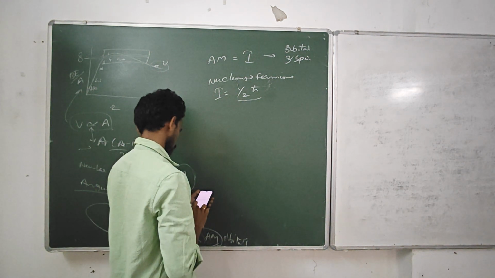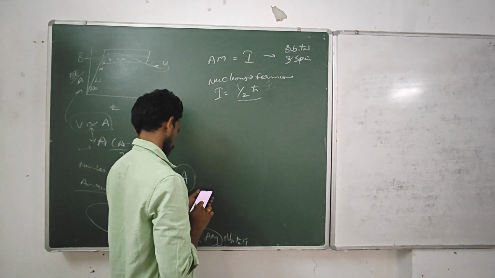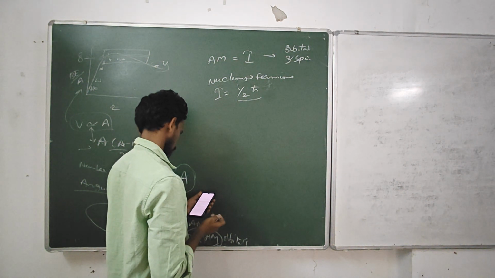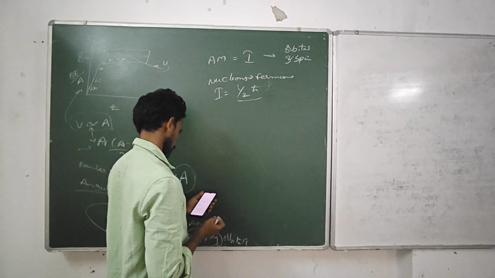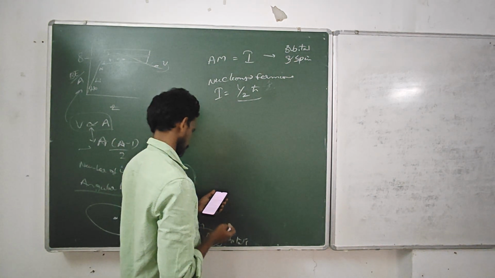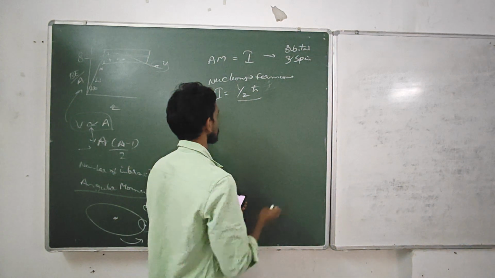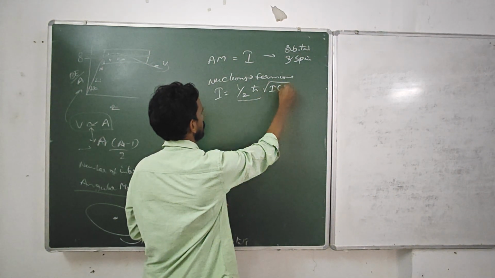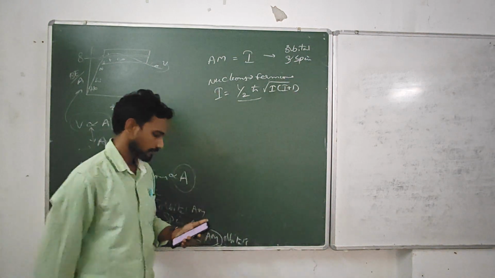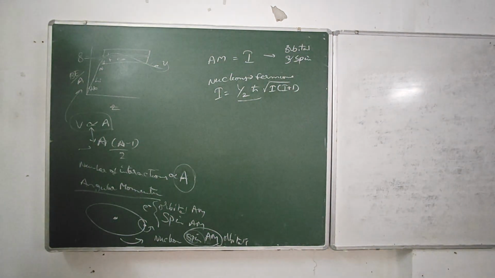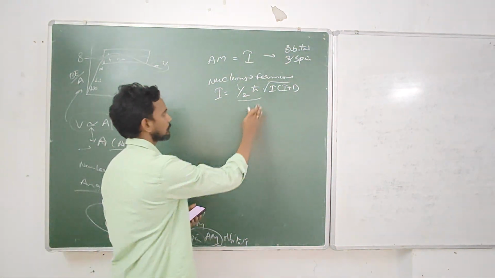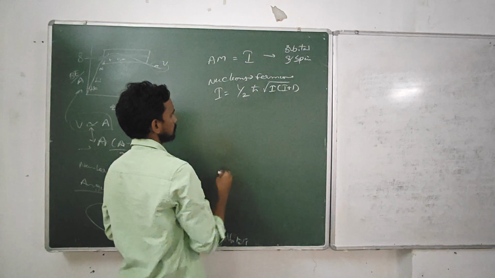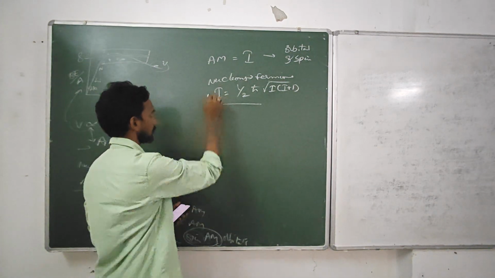I is equal to that is the angular momentum eigenvalues. This is the total angular momentum, this is the vector.